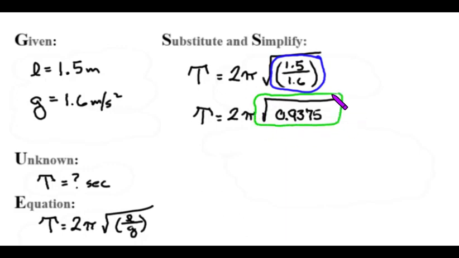Take the square root of this, and I get 0.968246.